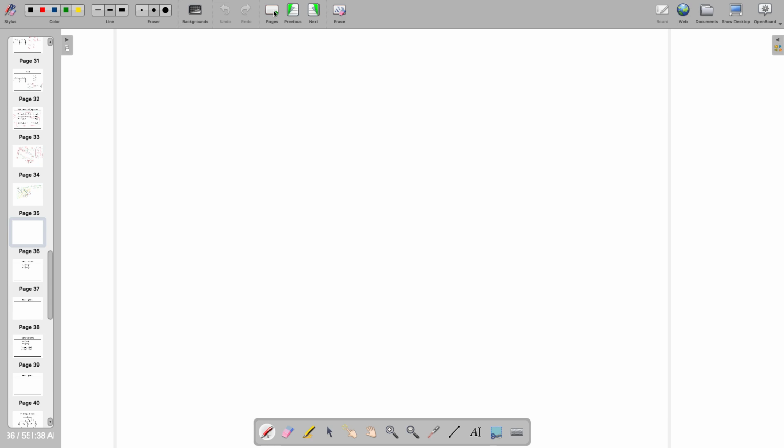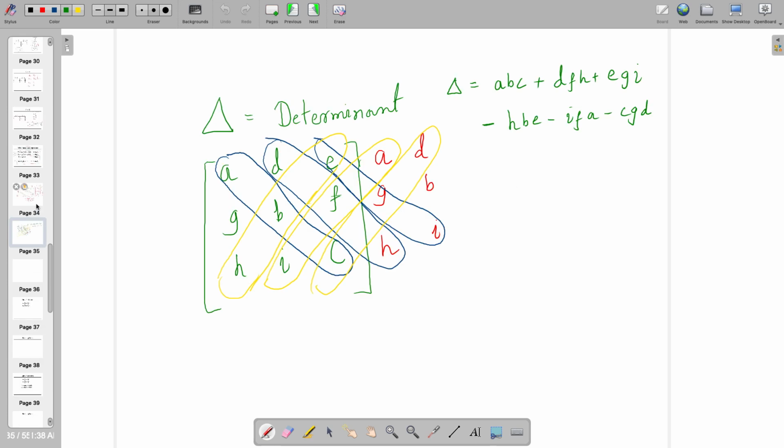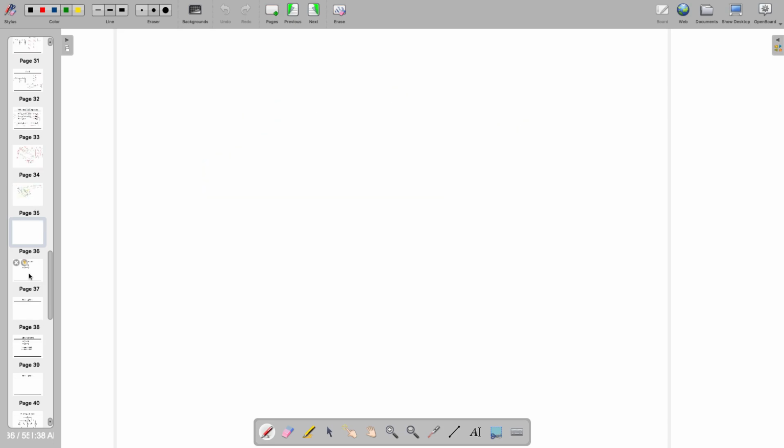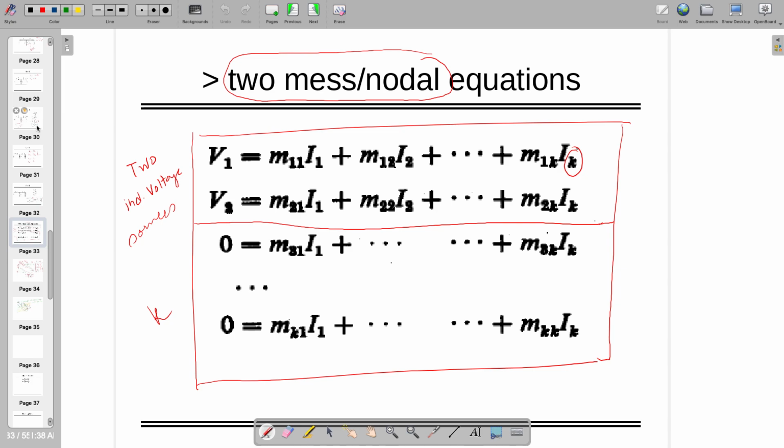So this is the most important background when you are following the third technique, where it's related with all this data. Now, one more thing, if you are observing these equations, V1, V2 and others are 0, then I1, I2 until IK you have the currents.